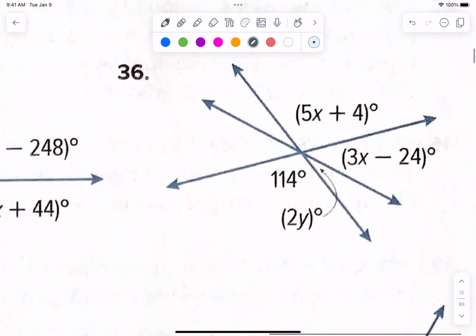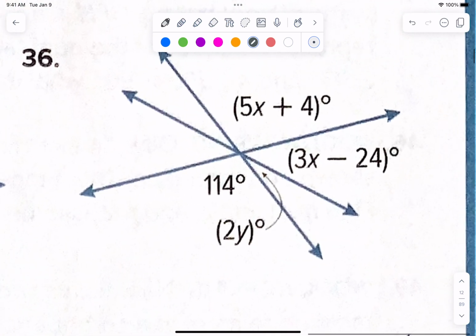Do you guys want to attempt this one, 36? Did you have to do that one for homework? Okay, let's do this one. We got lots of stuff going on here. Two of the angles aren't labeled, but the rest of them are. 114 is this guy. This small little guy right here is 2y. This guy right here is 3x minus 24, and then this is 5x plus 4.